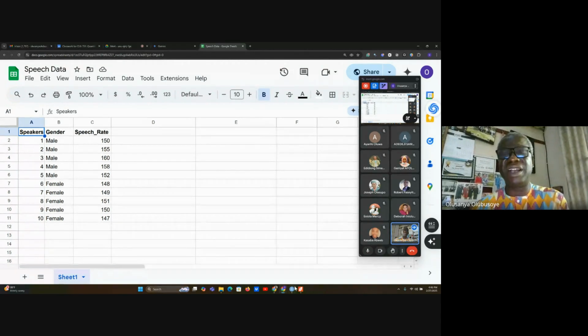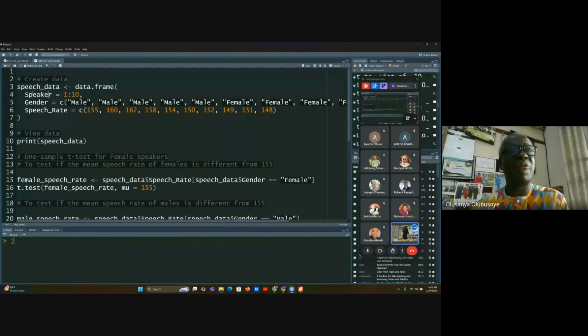Gender, I use the collector to collect all the genders. Because they are text, they have to be in quotes. This is male for the first 5 speakers, female for the next 5 speakers.